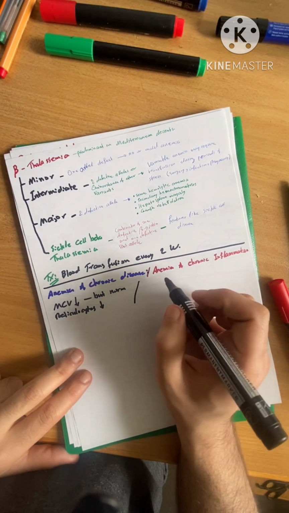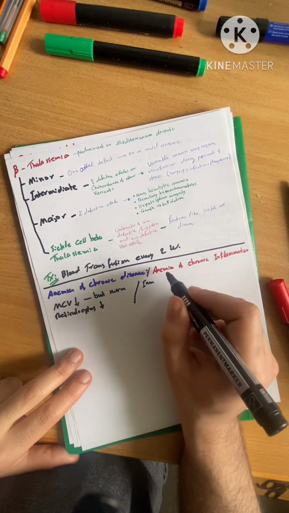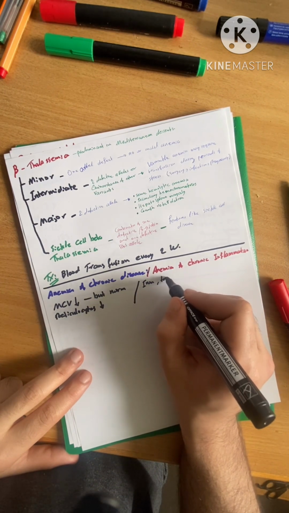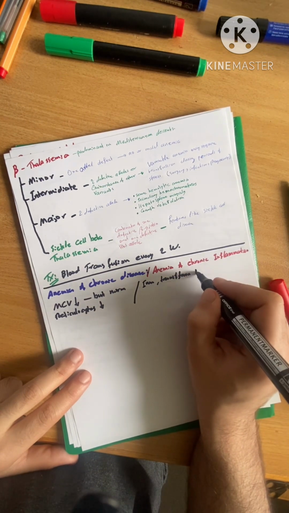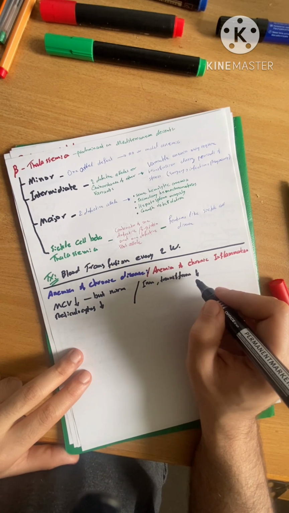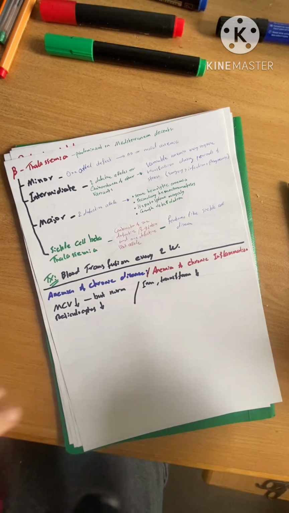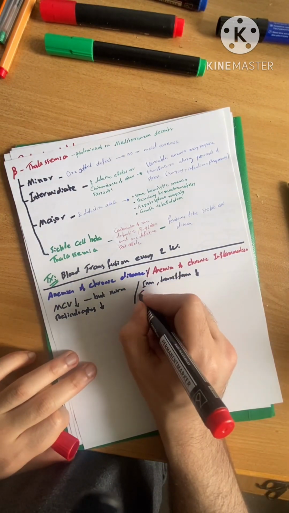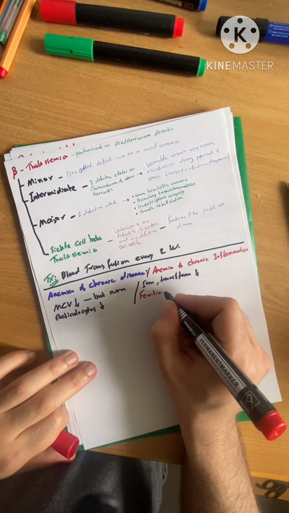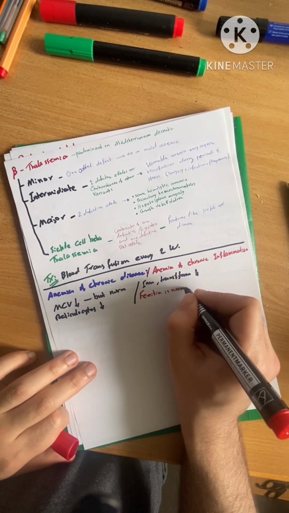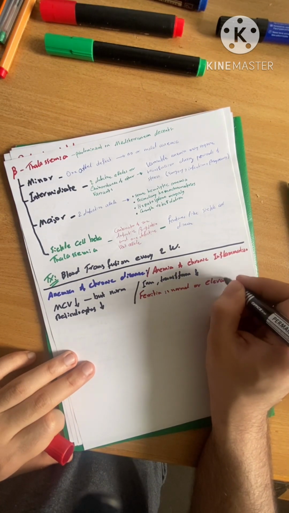We can see iron and transferrin are low, but the stupid thing here is that ferritin is normal or elevated.